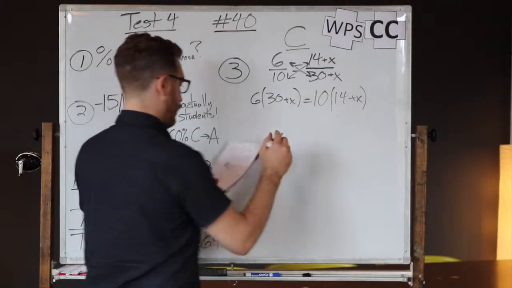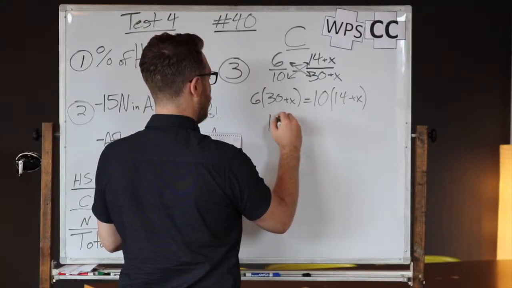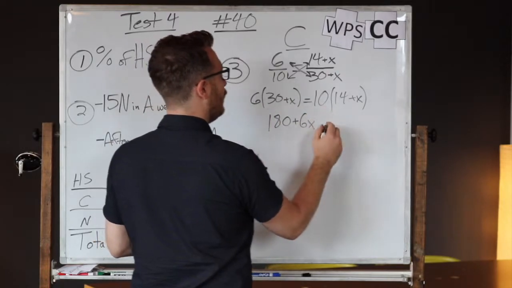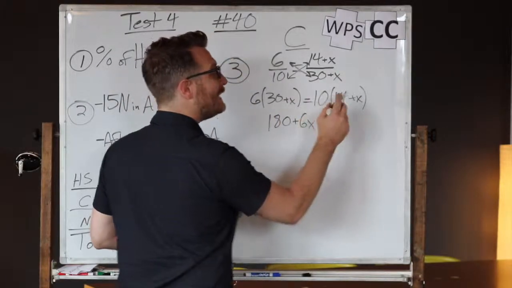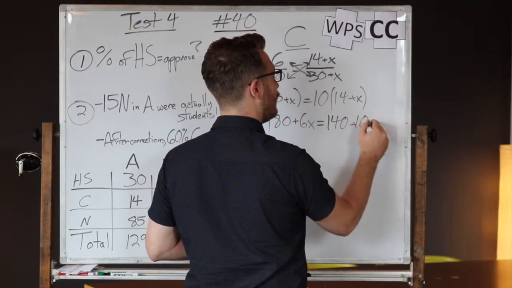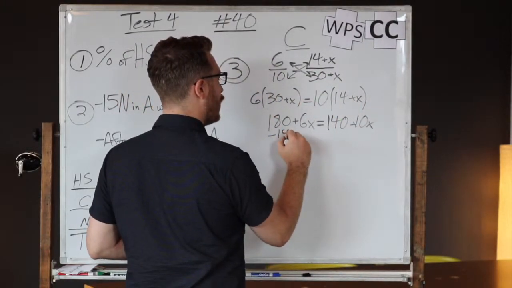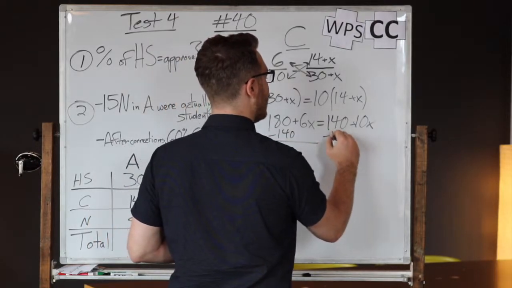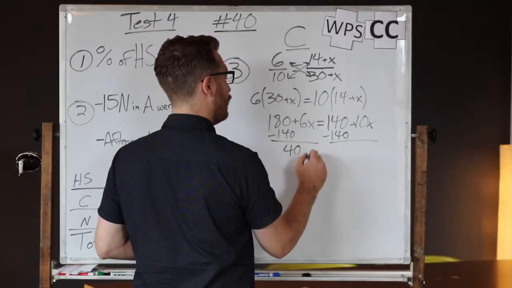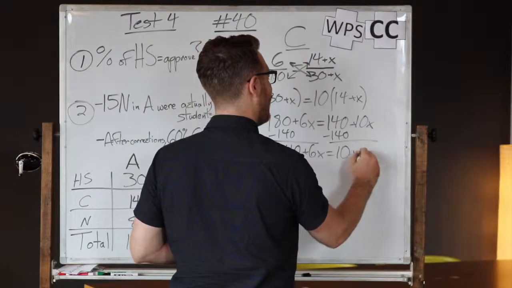Now, let's distribute. 6 times 30 is 180 plus 6x. I'm multiplying the 6 times that x as well. And then 10 times 14 is 140 plus 10x. Very nice. I'm going to subtract 140 from both sides. Just quickly subtract that. So I'm going to end up with 40 plus 6x equals 10x.